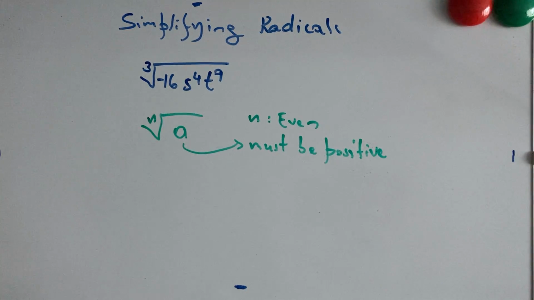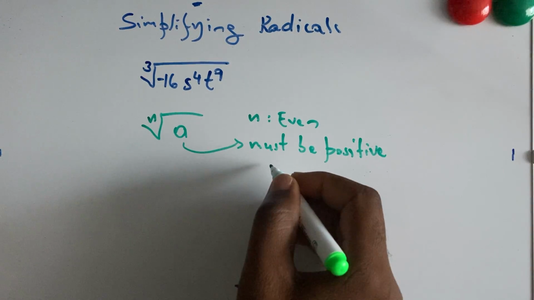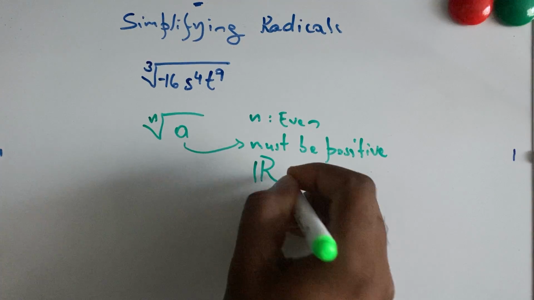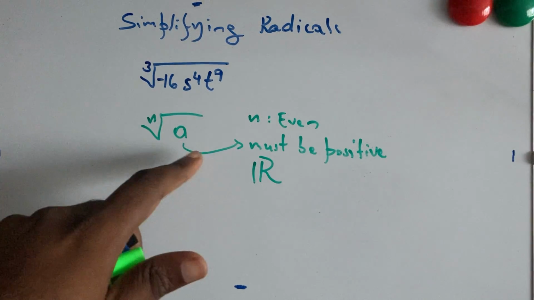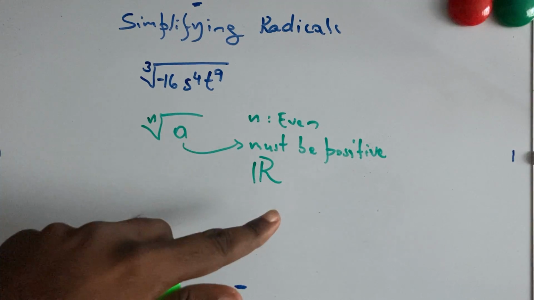Now, why? Because if it's not positive, you will not get a real number as the answer. It will be an imaginary number, okay? So remember that. So if you're working in the real number system, if you have an even root here, the radicand here must be positive, okay?